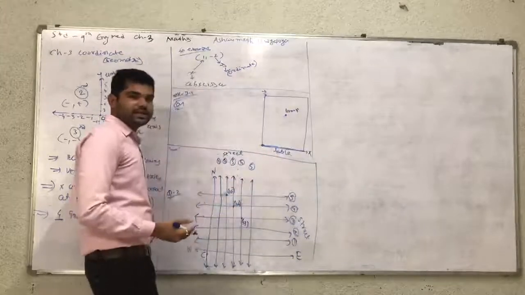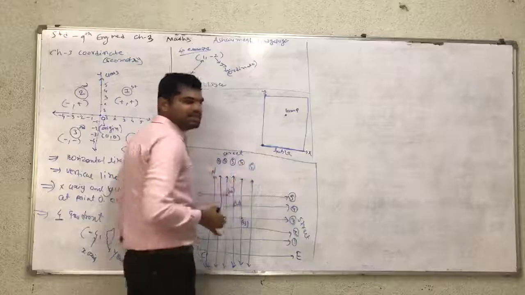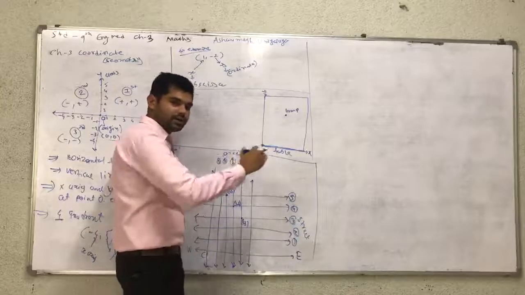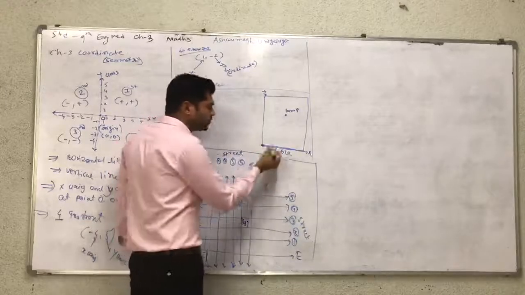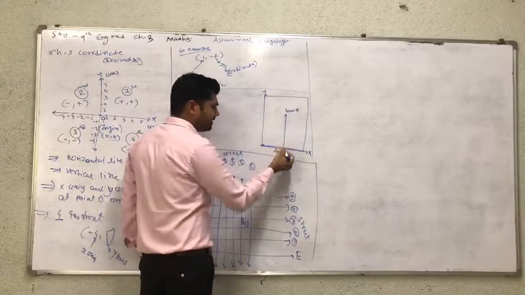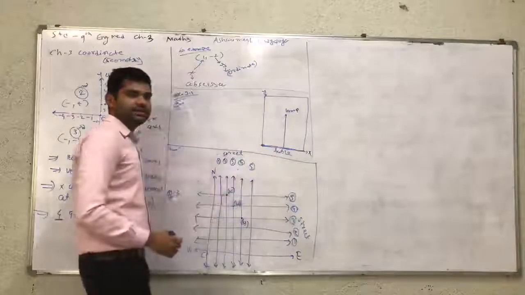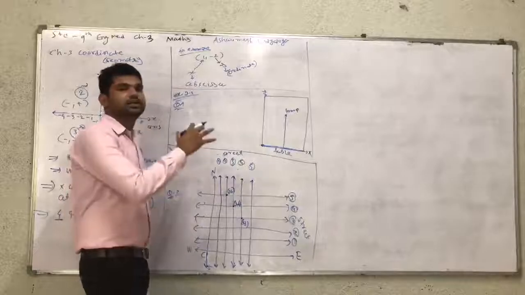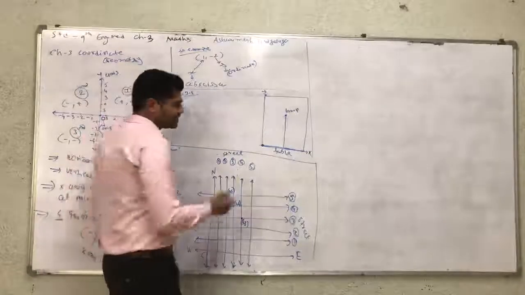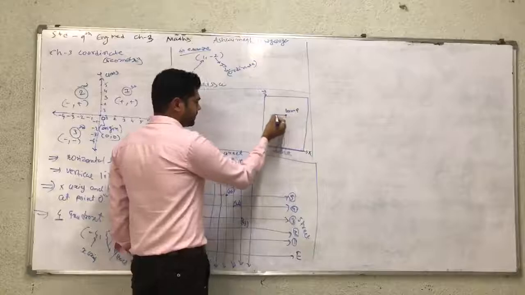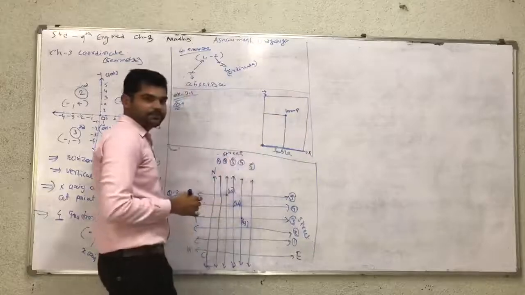So we say that the origin point means the corner point. Our right hand moves horizontally towards the right-hand side. In a similar way, at the corner, the distance from these points is on the left side.